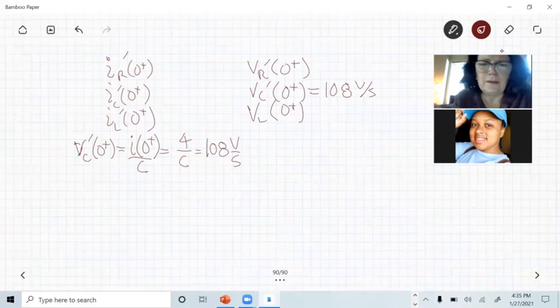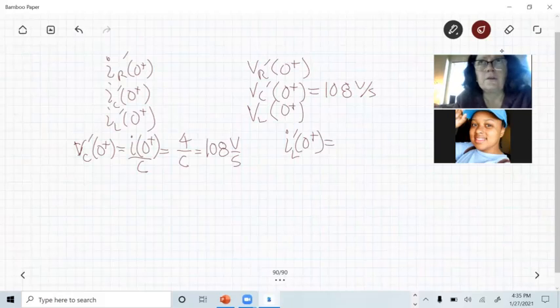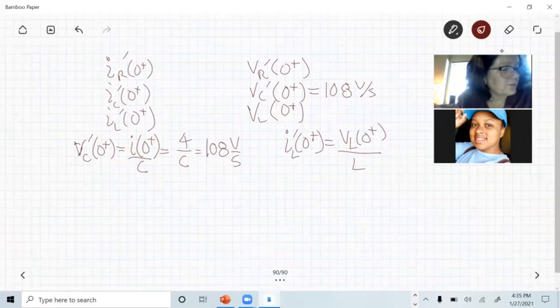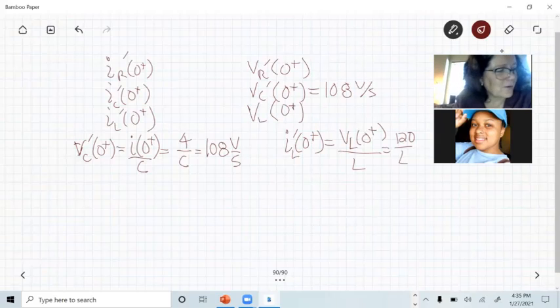The other formula that I can use fairly easily, V equals L di/dt. So I can get IL prime at 0 plus just equals the voltage across the inductor at 0 plus divided by its inductance. We solved for the voltage at 0 plus. So this is 120 over whatever L was, and I didn't write that value down.